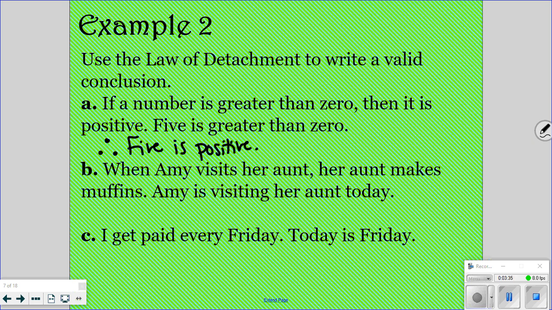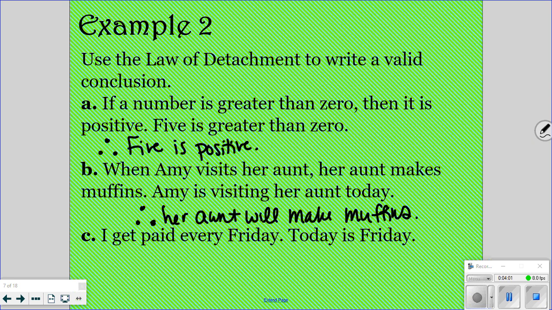So that's how that one would work. For the next one, when Amy visits her aunt, her aunt makes muffins. Amy is visiting her aunt today. Therefore, what can we conclude? Her aunt will make muffins.